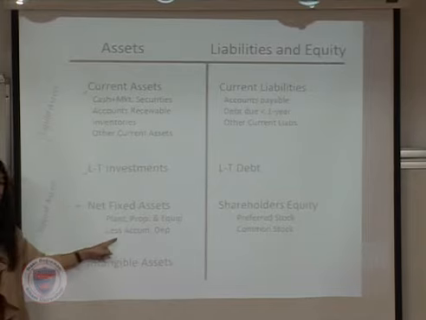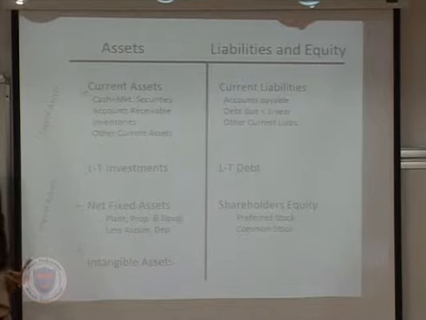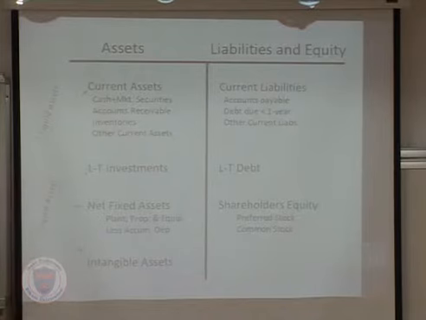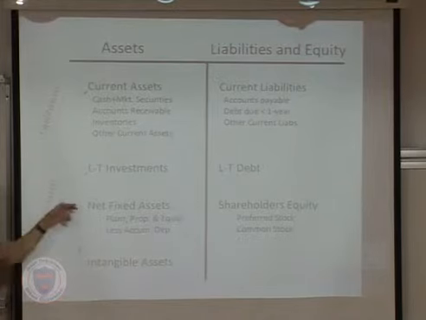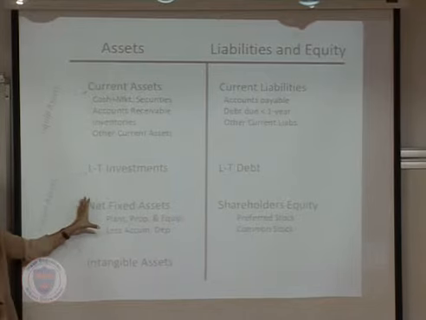If you deduct accumulated depreciation from plant, property, and equipment, it will give you net fixed assets. And if you remember, net fixed assets are the ones that create value to the company. These are important. And these are all tangible.